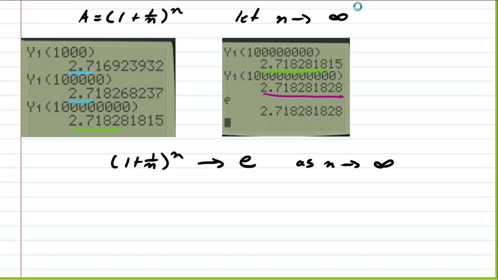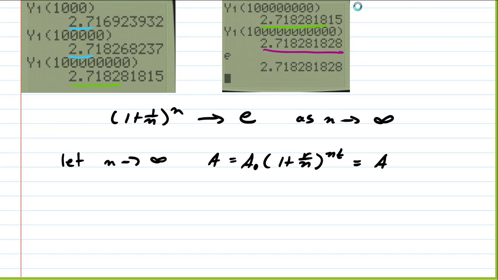Well then, if we let n go to infinity in A equals A naught times 1 plus r over n raised to the nt, we get that this goes to A naught times e to the rt. And we do that by making some substitutions and using that same formula.